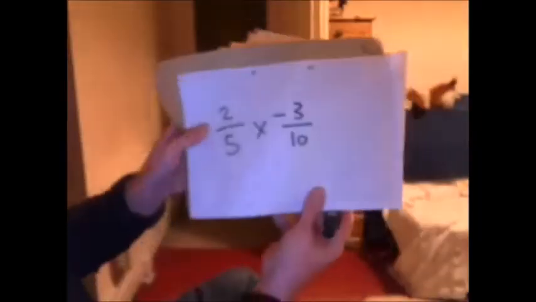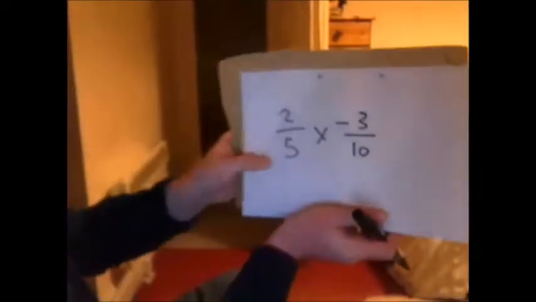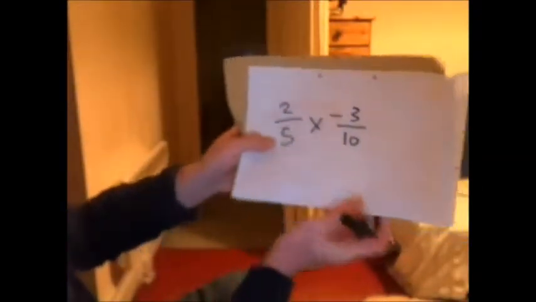And the next example, we're firing through this pretty quickly. Slightly different this time, because I've got a negative number here, but it's the exact same principle. 2 times 3 is 6, but this is a negative.